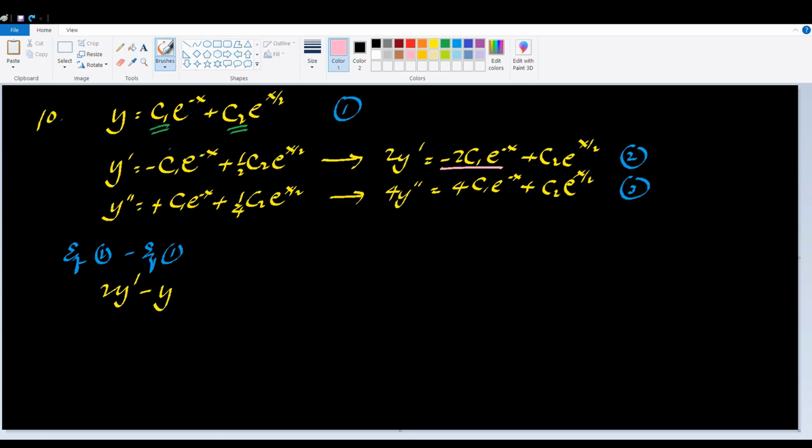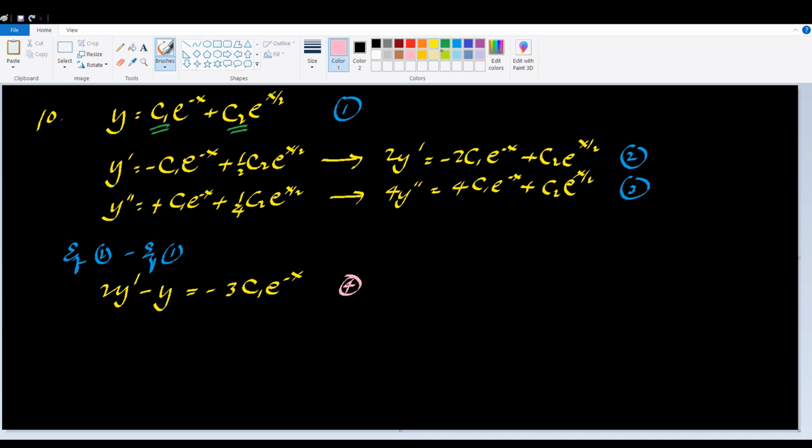What do we get? That will be negative 3c1 e to the minus x. And then c2 e to the x over 2 minus c2 e raised to x over 2 will give us 0. Okay? So let me call this equation 4.